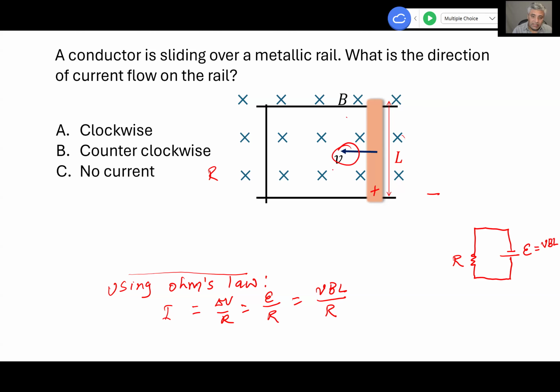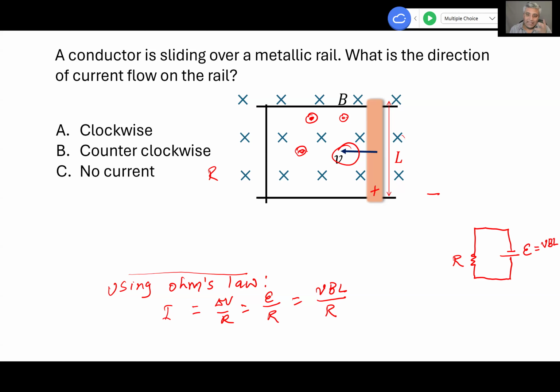Here we change the direction of V from the previous slide. Now let's say the field was coming up rather than cross, if they were dots like this, that means the field is coming up. In that case V is still the same, but now I have to keep my palm up so that I can curl in the direction of the field. So now this one goes that way.